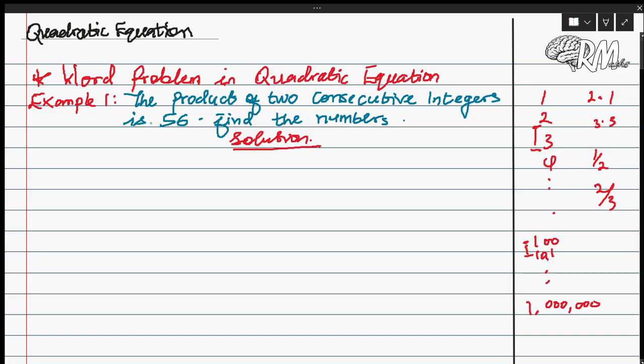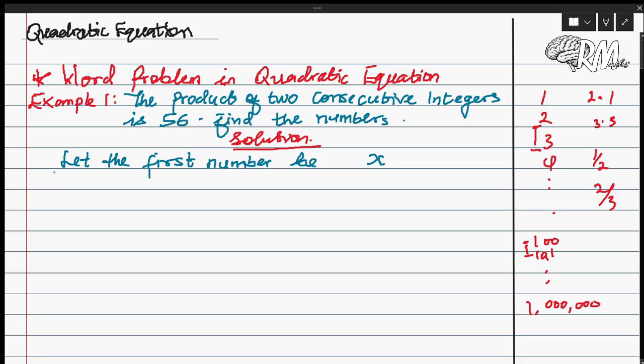First, we have to interpret the question, and we say let the first number be x. Now, we don't know the number, so we're just assuming it is just x.